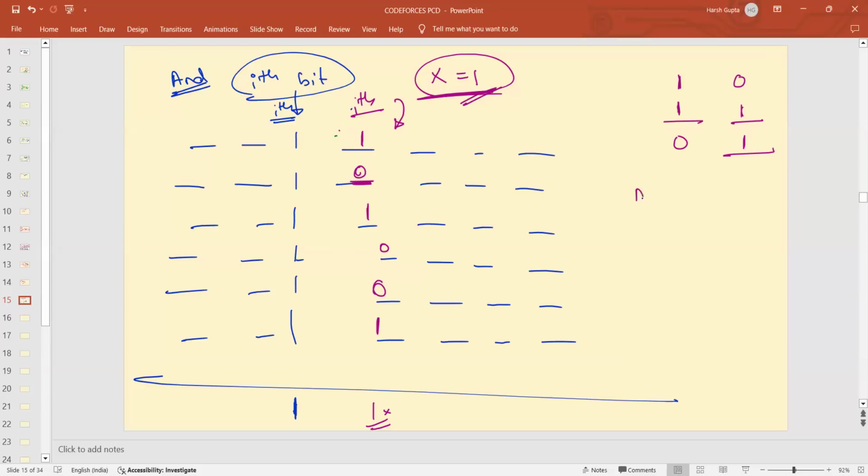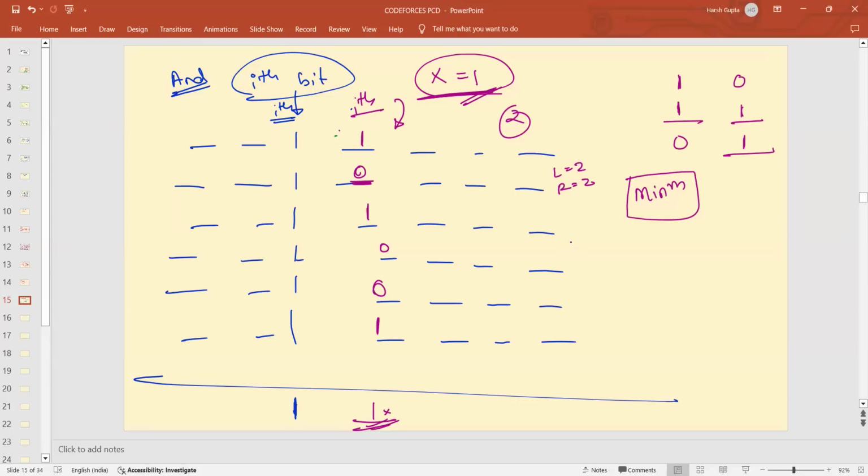So just tell me the minimum number of operations you will need to turn this particular bit to 1 in the final AND operation. The minimum number of operations you will need is 2. Because first of all, you will select a substring with L equals 2, R equals 2 and XOR this particular number.